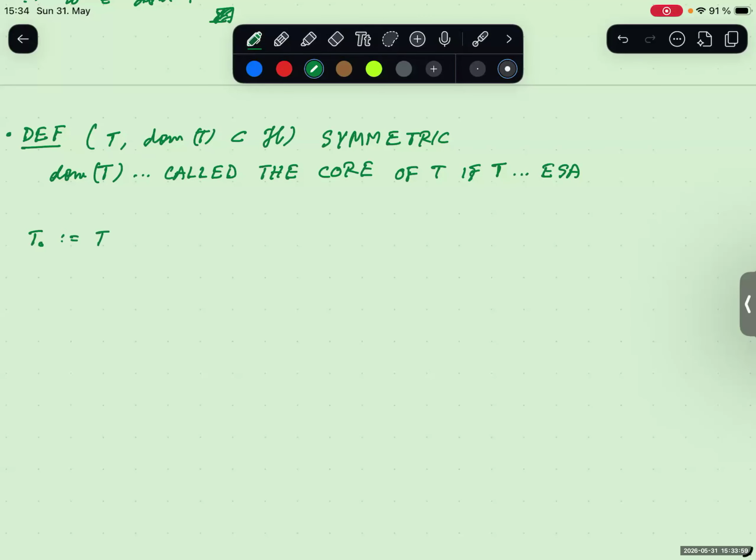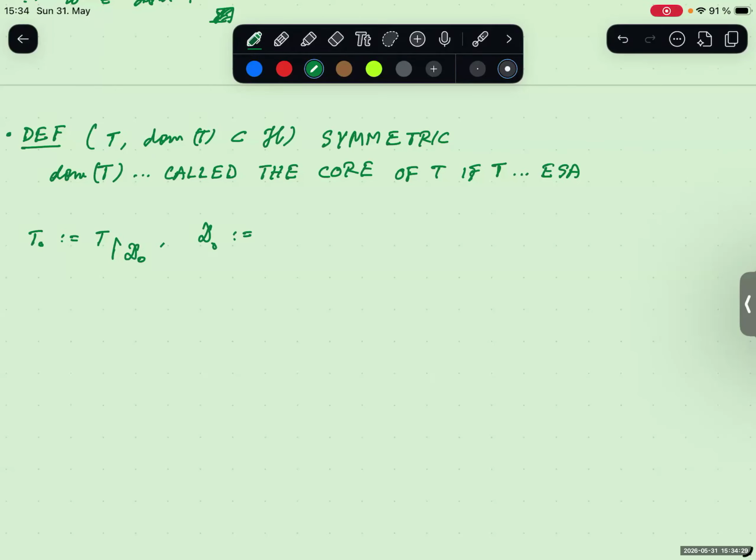We have the operator T already, and we also introduced the notion of restriction and extension of an operator. T naught is a restriction of this operator, on a dense domain, let's call it D naught.